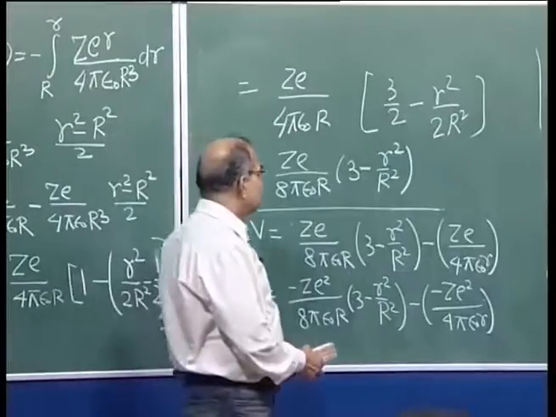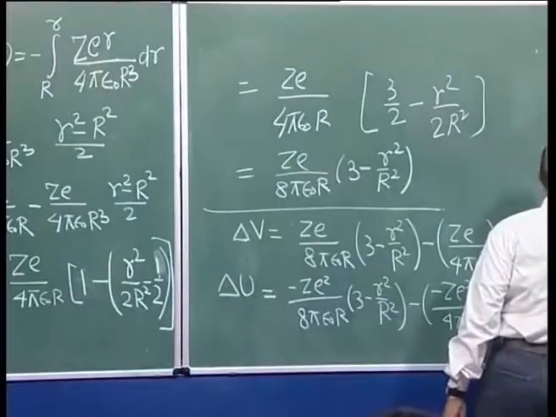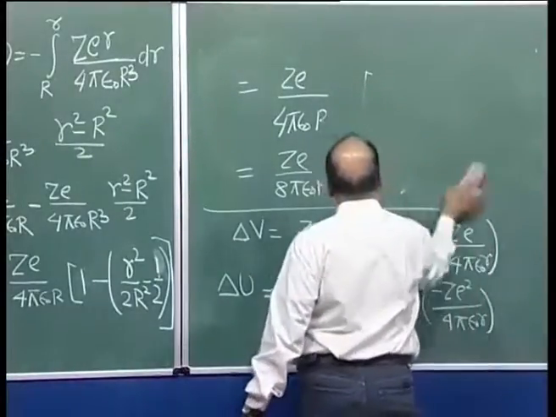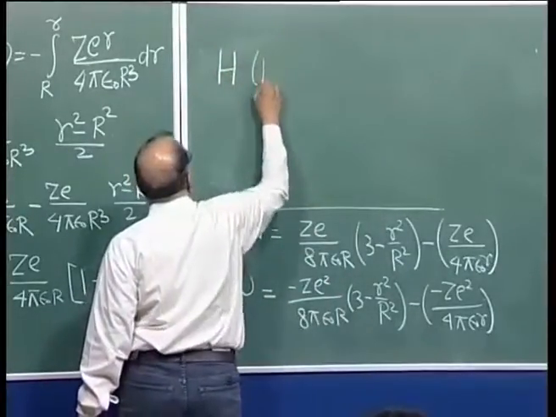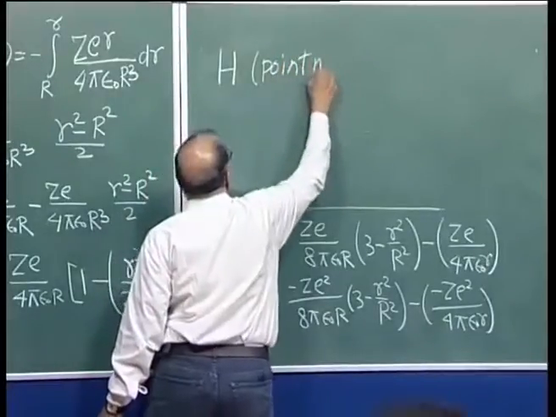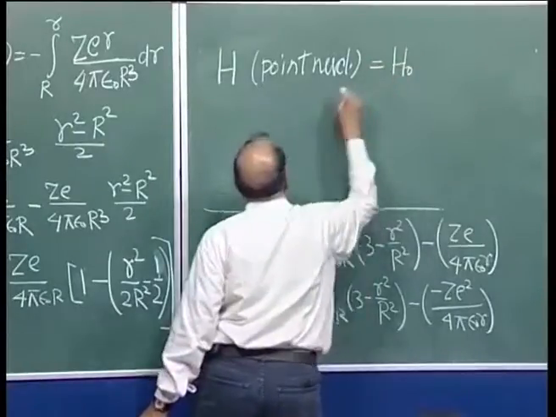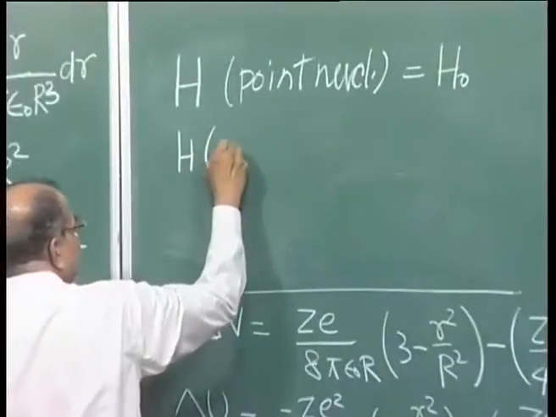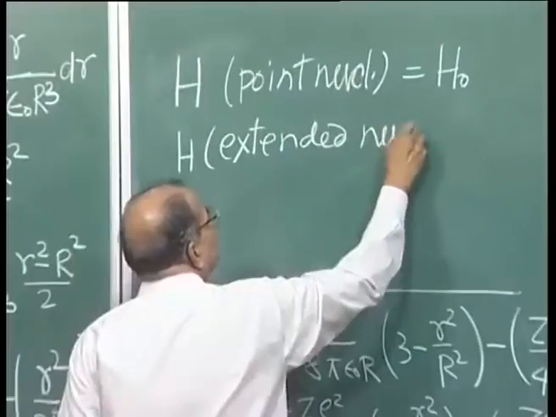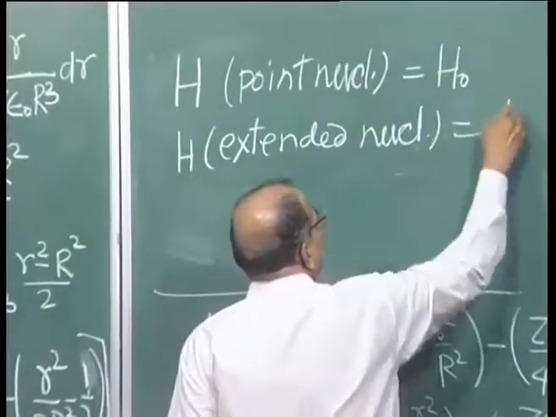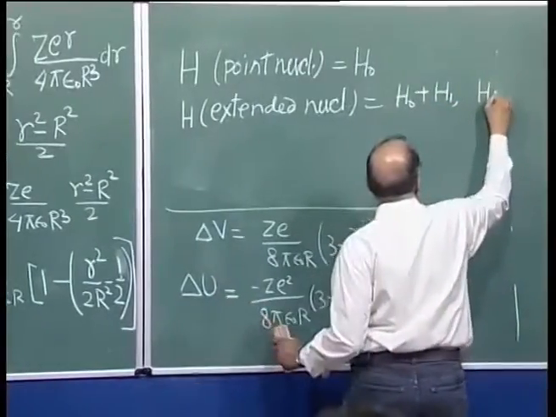The original Hamiltonian, original means with point nucleus, assuming that the nucleus is just a point, call it H naught, and then the Hamiltonian with extended nucleus is H naught plus H 1, and this H 1 is given by this expression.